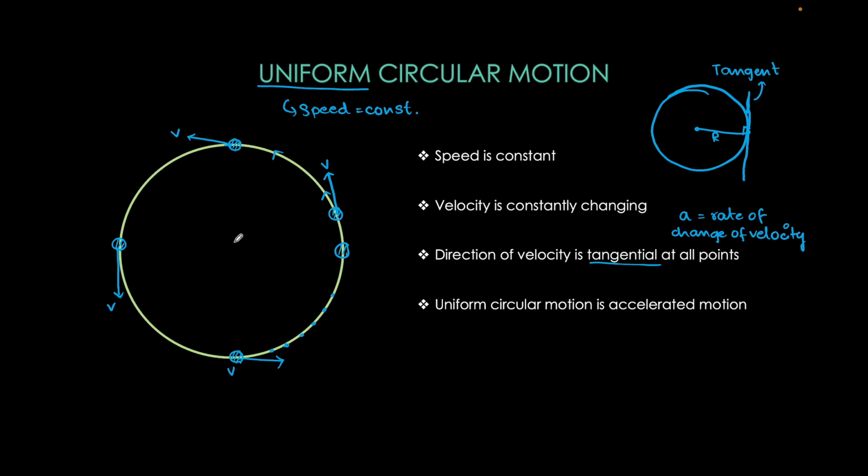Now, what kind of acceleration is present in uniform circular motion? There are basically two kinds of acceleration. First of all, there is a radial inward pointing acceleration, meaning this acceleration is pointing radially inwards. Radially inwards meaning that it is pointing towards the center of the circle, right? So this acceleration is known as the centripetal acceleration.